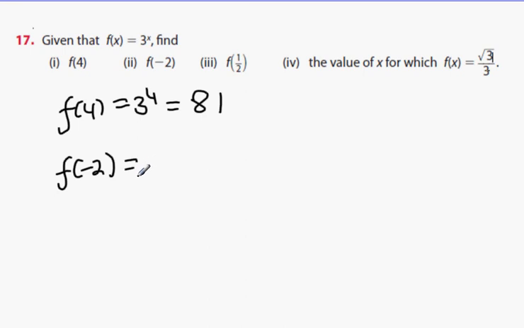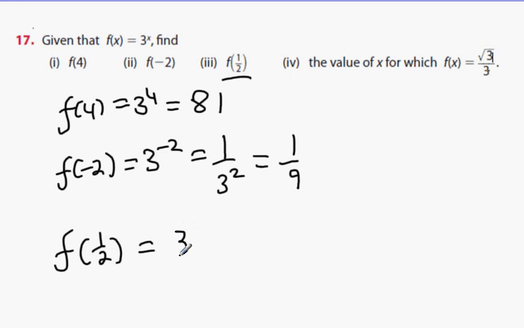F of minus 2. 3 to the power of minus 2. Now you could use your calculator, but there's a rule for that, isn't there? It's 1 over 3 squared, which is 1 ninth. Okay? Do you remember your indices? That's it. What about f of a half?